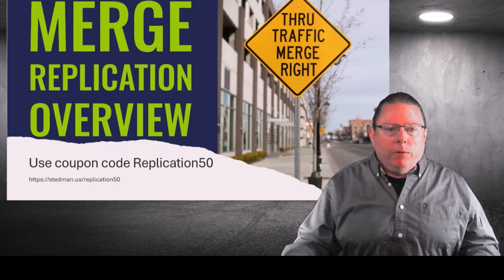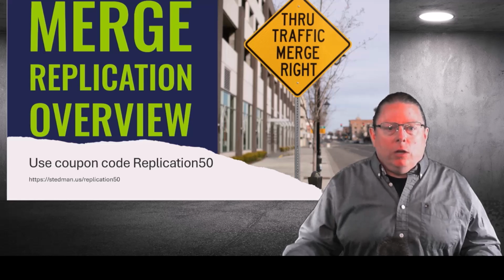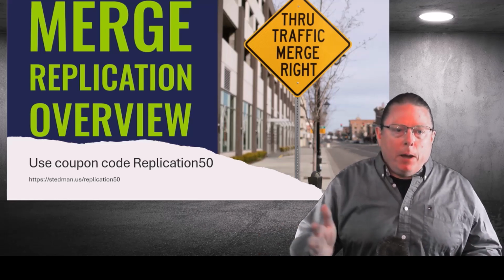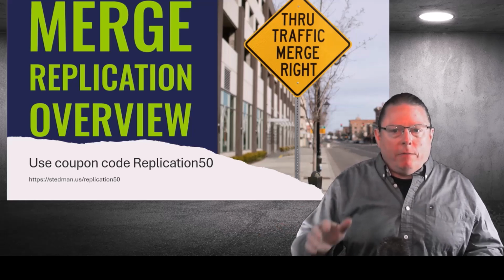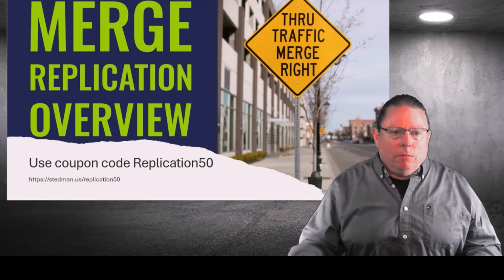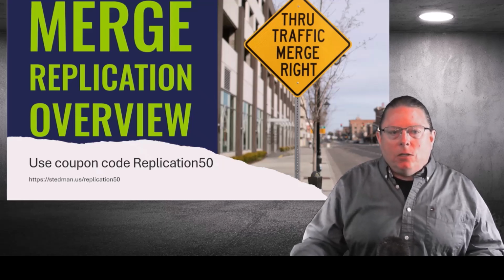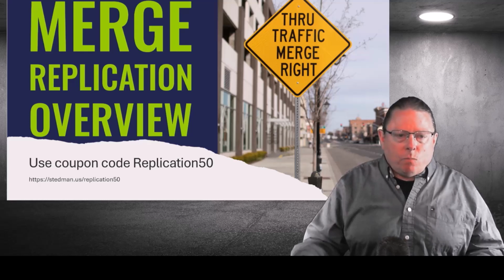So if you ever get in a position where you're looking for a specific product and somebody says, well, we're out of stock with it here, but we can see it over in store 7, go to that store and you can pick it up there, or we can order it for you. That's a good example of how merge replication could be really, really useful.